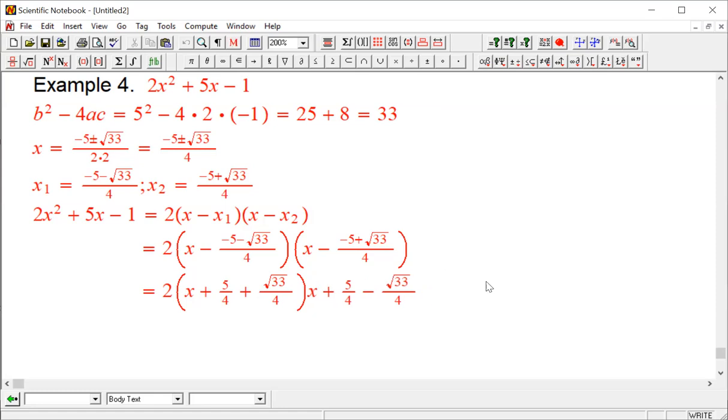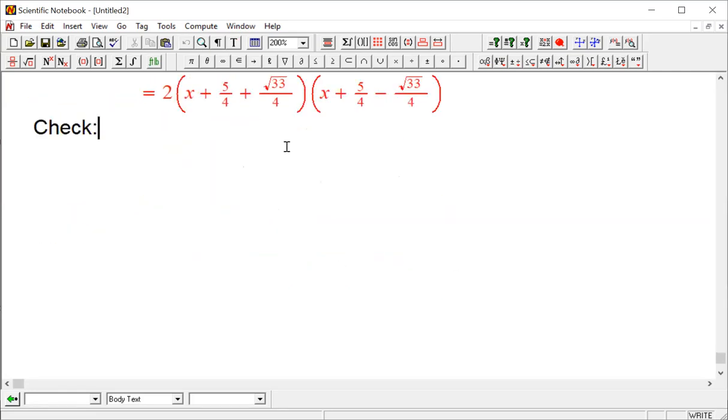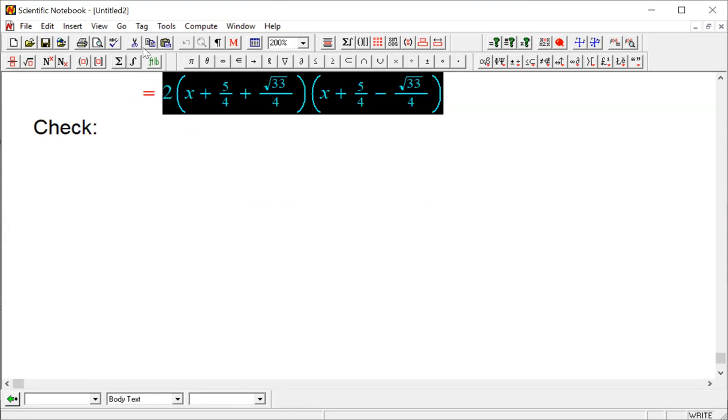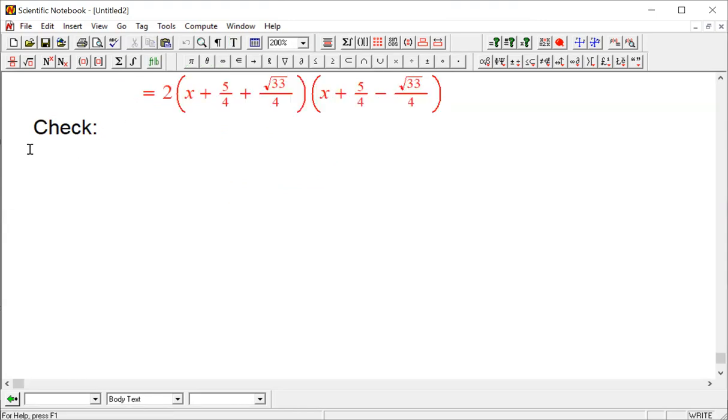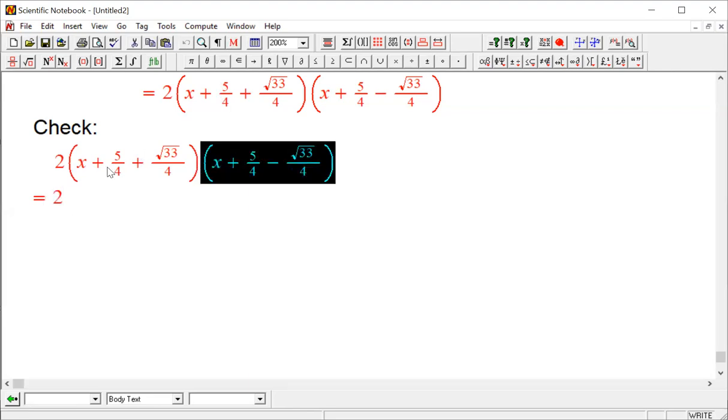And of course, we're going to check our work to see if that works. Does it work? So we're going to check it. 2 is here. And once again, a plus b times a minus b.